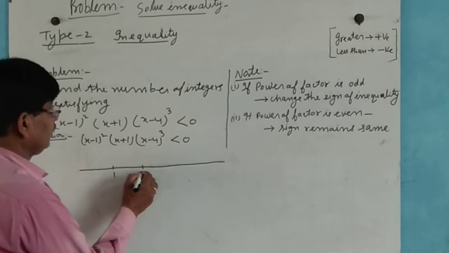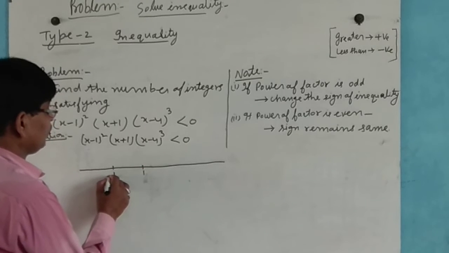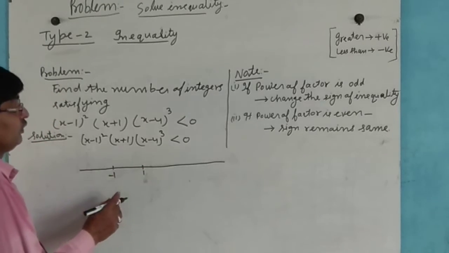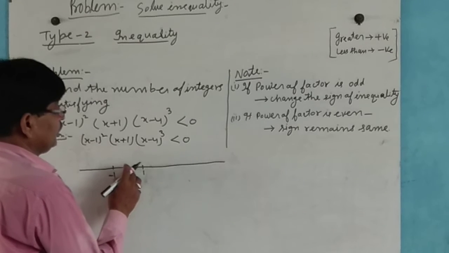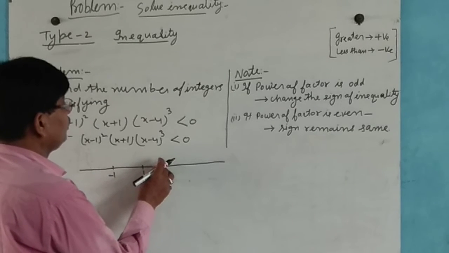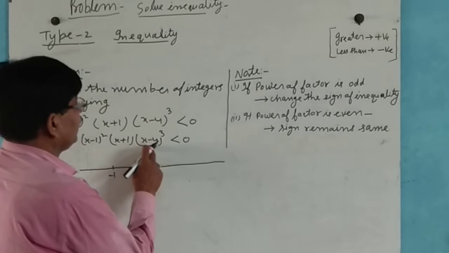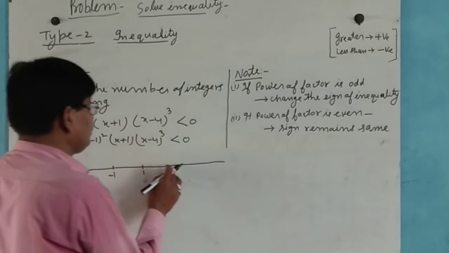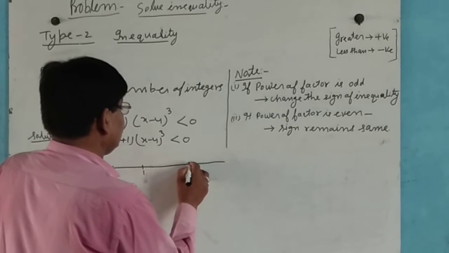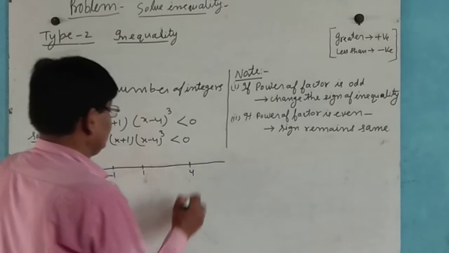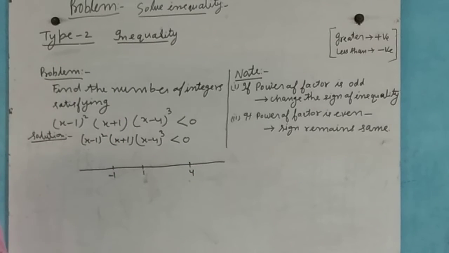Now this is 1 and this is minus 1. Then 0, 1, 2, 3. x minus 4 equal to 0, x is equal to 4, and we take here x is equal to 4.